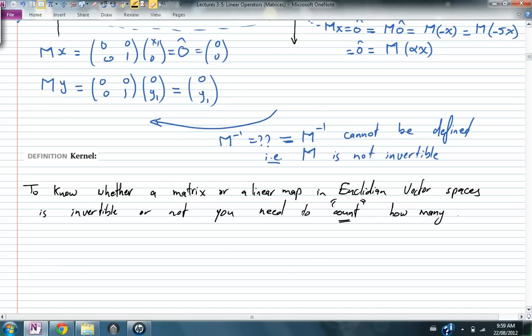So you need to count how many vectors are mapped to the 0 vector.